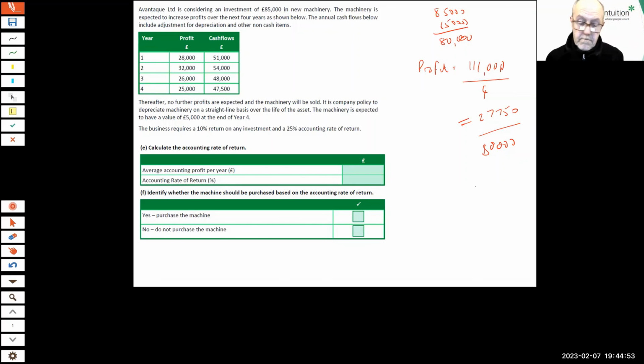Which comes out at 34.69%. We're not actually told how many decimal places, so I work to 2 decimal places unless instructed otherwise. So we require that. We've got that. So that's looking quite encouraging. So there we go.